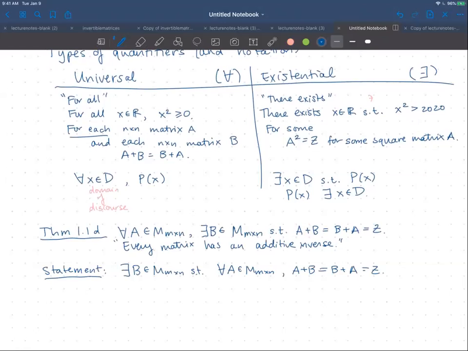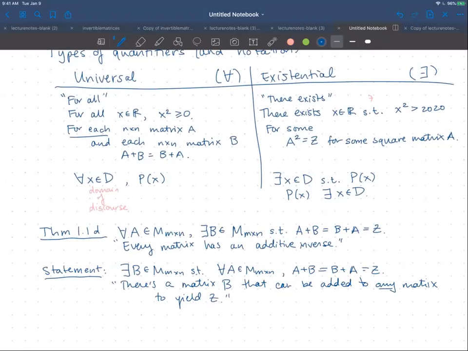The statement is saying something a little bit different. It's saying there's a matrix B that I can add to any matrix to get 0. Here's a matrix B that can be added to any matrix of the same size to yield the zero matrix.